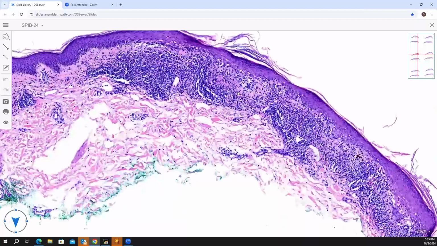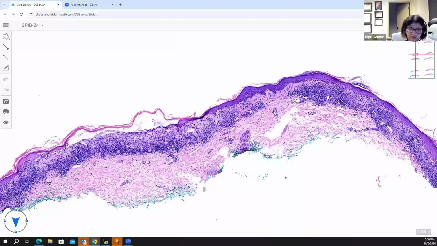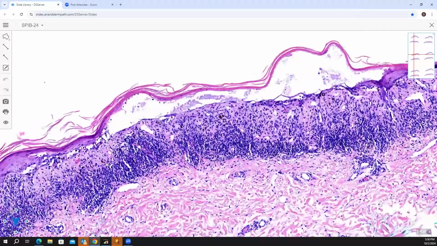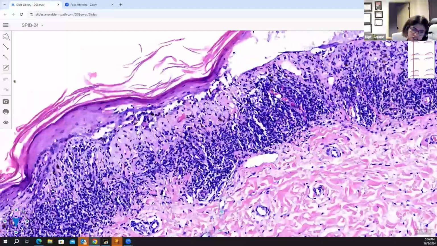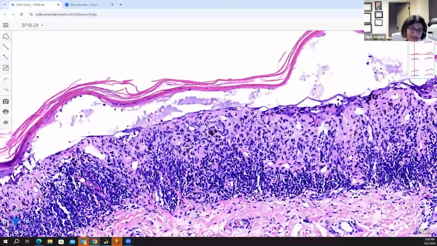And then there is a blister here. Bullous LP? Yes, this is bullous LP, and adjacent to it you can see the cytoid body, and that's producing your subepidermal vesiculation, which is your Max-Joseph space.